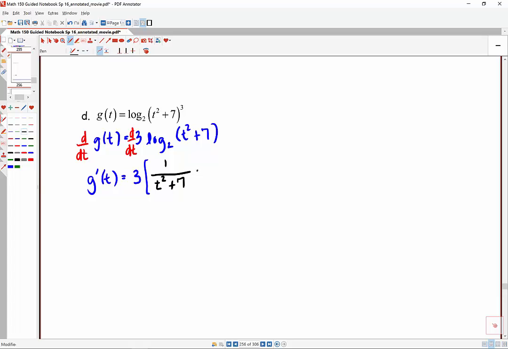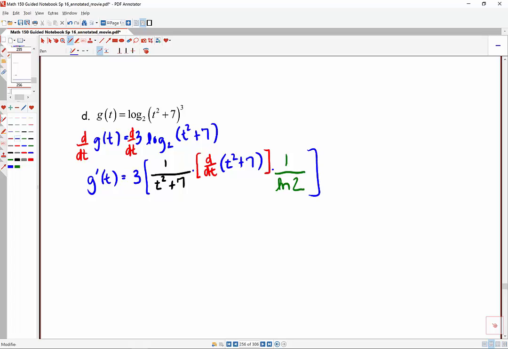Times d/dt of what's inside of the log, which is t squared plus 7. And what's the other thing we need to do? Multiply that by 1 over natural log of our base, which is 2. So these are all being multiplied here.